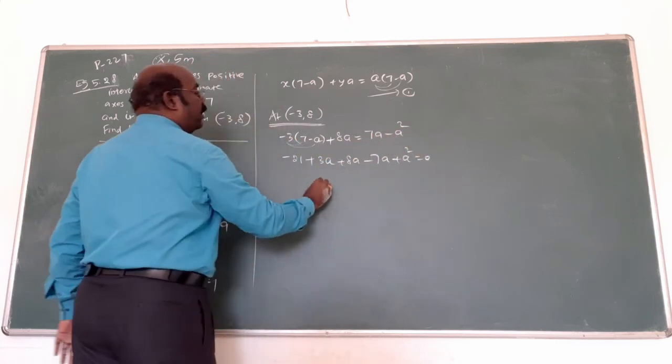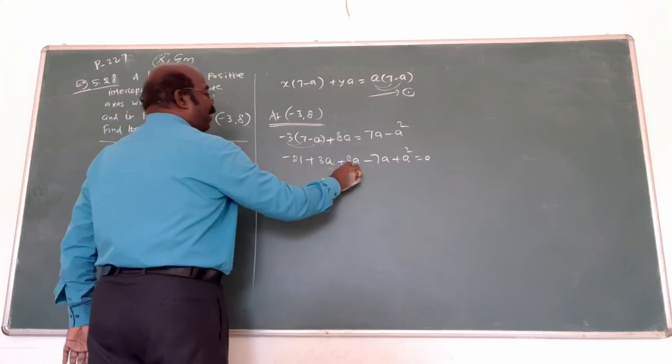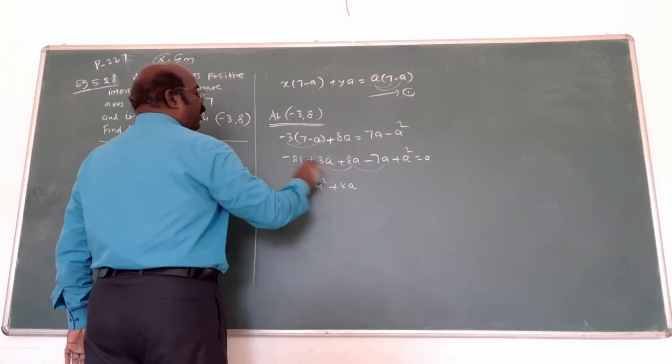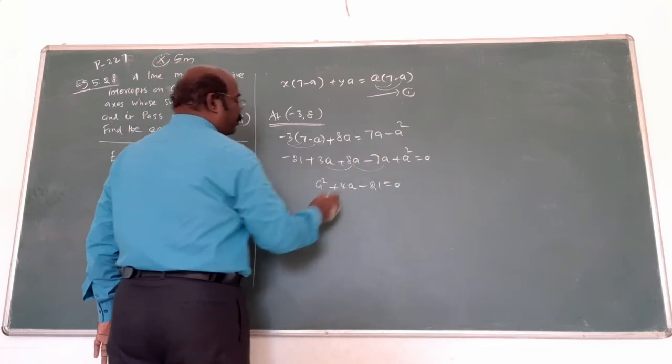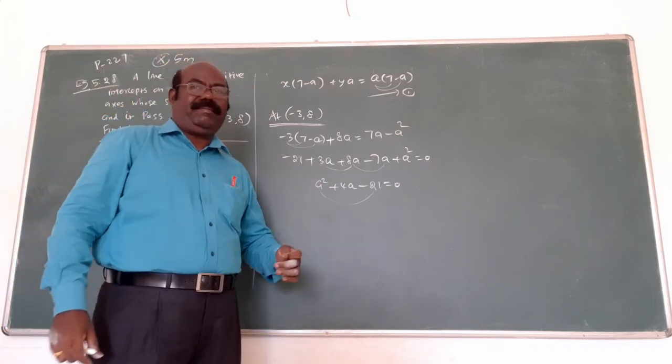Now write in order: A square, adding both sides, 4A minus 21 equal to 0.